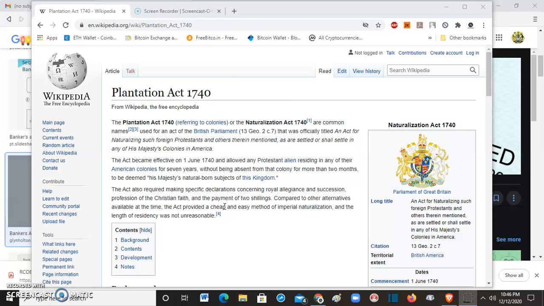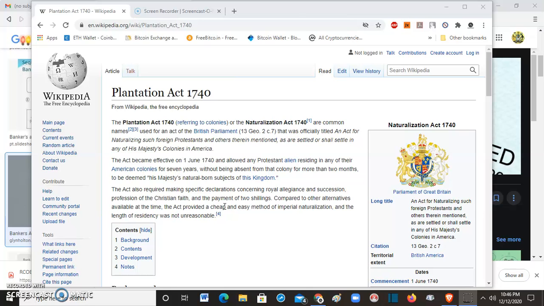There was one empire at that time, according to the Plantation Act, and the Naturalization Act is nothing more or less than the same as the Plantation Act. So this shows you that the entire region was under the same colonial occupation, so to speak.